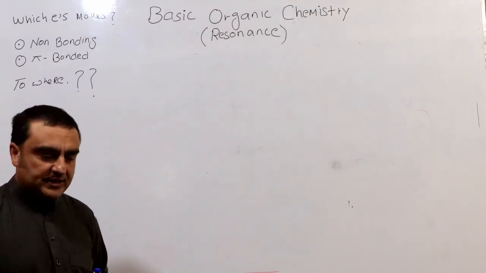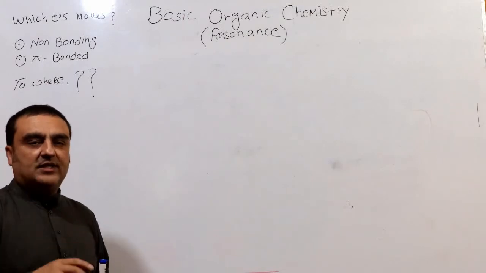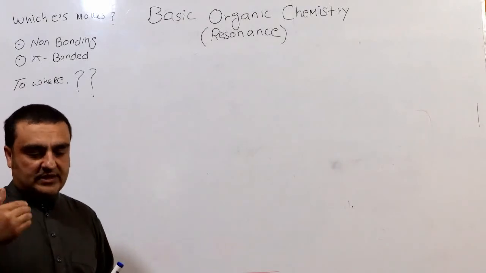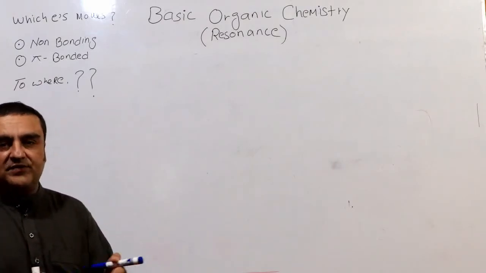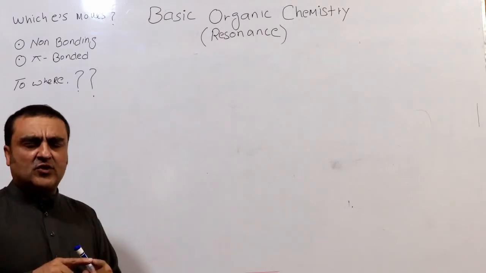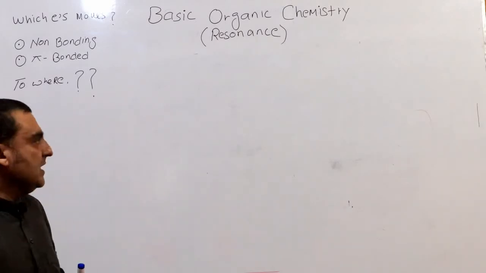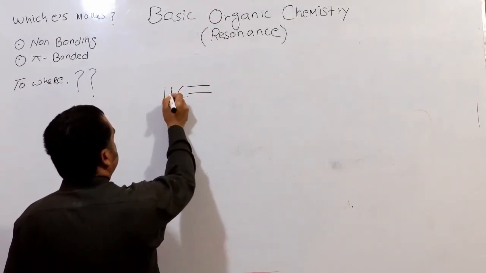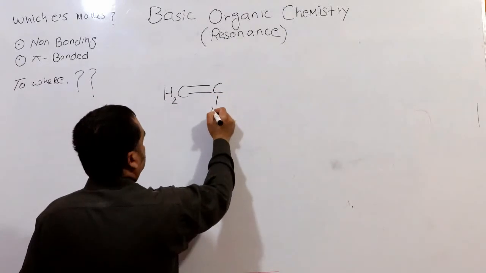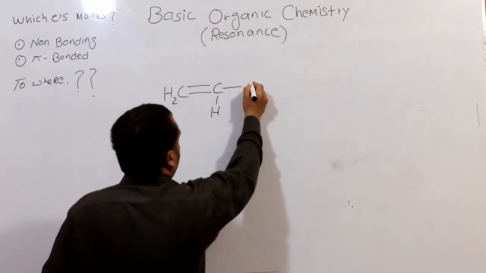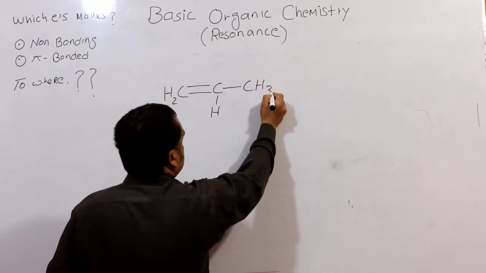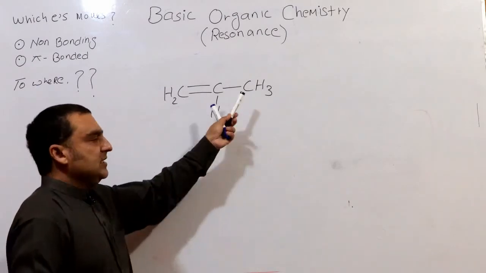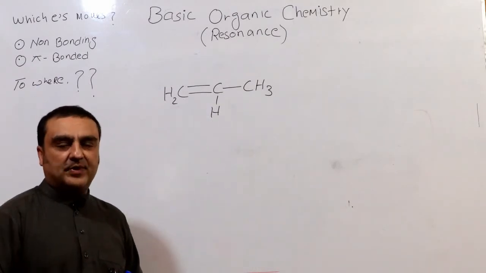Again, there are some moves which are forbidden, which resonance does not allow to occur. Okay, in the concept of resonance, they are not allowed. That is, suppose you have a double bond and you have an sp3 carbon or saturated carbon, which doesn't have any other pi bond.